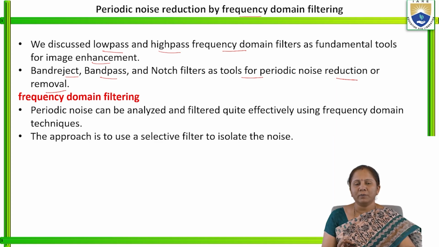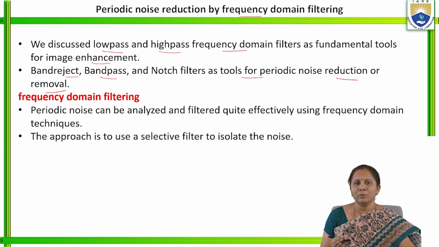As we know the difference between the spatial domain and the frequency domain, in the spatial domain the operation is performed directly on the pixels, whereas in the frequency domain the operation cannot be performed directly on the pixels. First, the original image, which is in the spatial domain, should be converted into the frequency domain. For that, we apply the Fourier transform, that is the discrete Fourier transform.